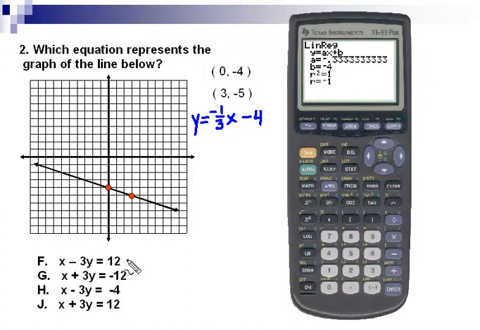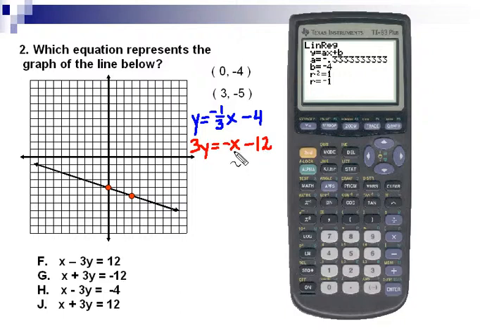To transform our equation to standard form, we're going to multiply through and get rid of our fraction. So the first thing we're going to do is multiply each term by 3. That's going to give me 3y equals negative 1x, or negative x, minus 12.